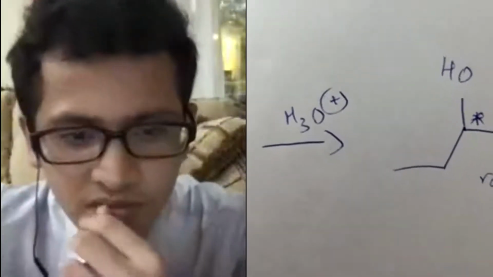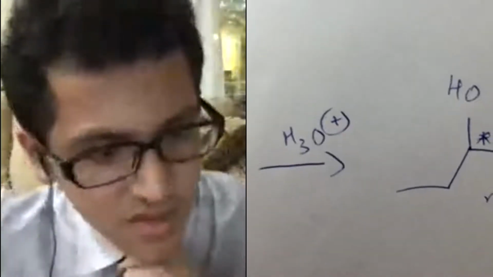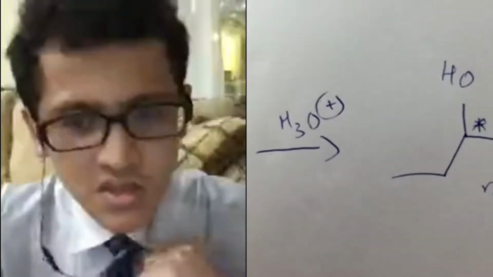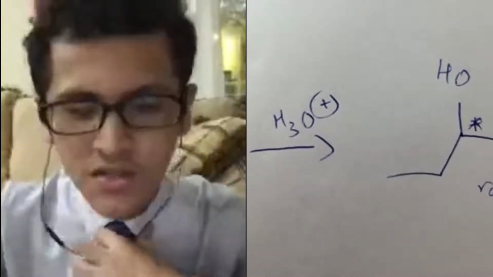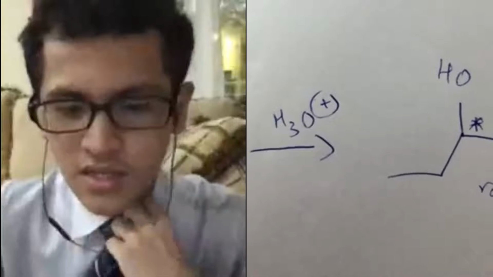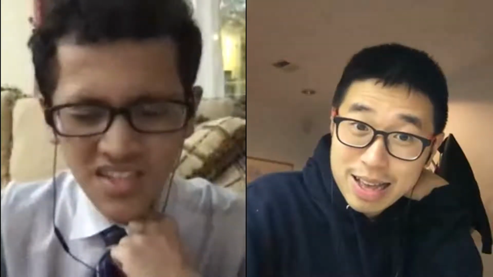Explain why the product is racemic. Have you heard of the word racemic? Mix 50% of cis and trans isomers. Sorry, 50-50 of optical isomers.